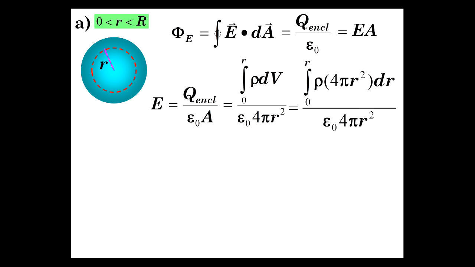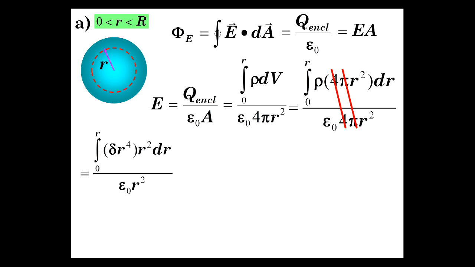So this is rho 4 pi r squared dr, and it's over 4 pi r squared, or the area. And the area of the shell is 4 pi r squared. Now the constants will divide out here. We can't just divide out these r squares because we're integrating this r squared. And so once we get done with this operation, then we can do any cancellation with r.